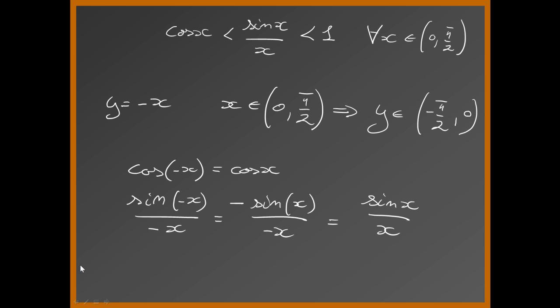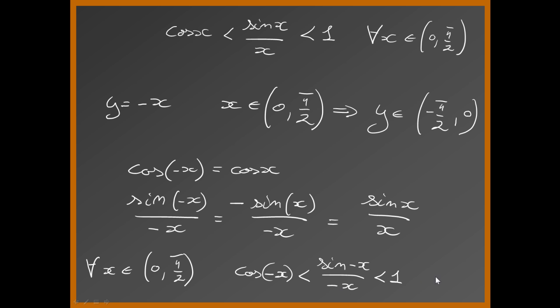This means that for every x belonging to 0 pi over 2, cosine of minus x will be less than sine of minus x over minus x less than 1.